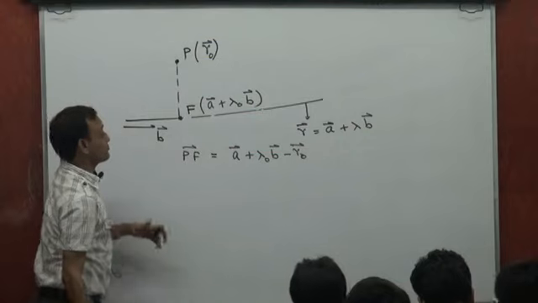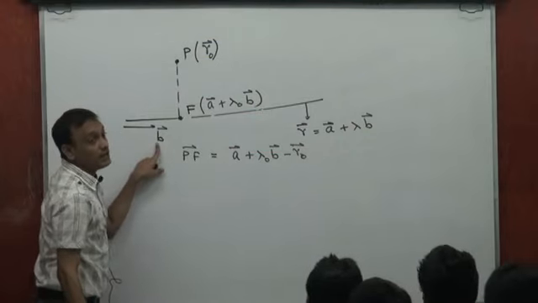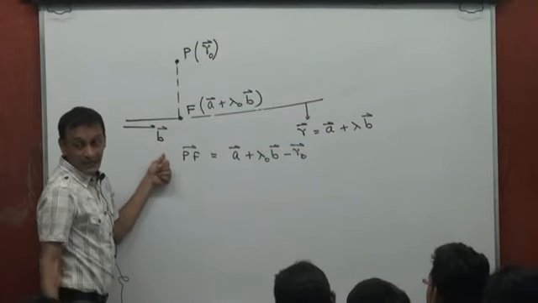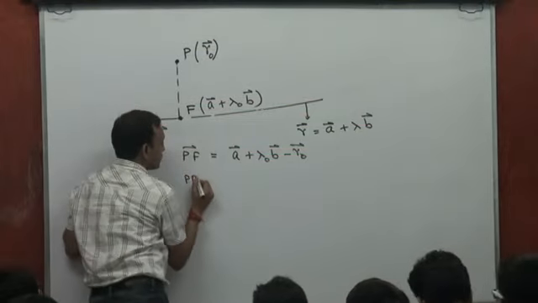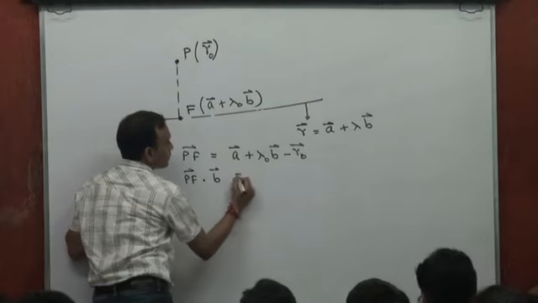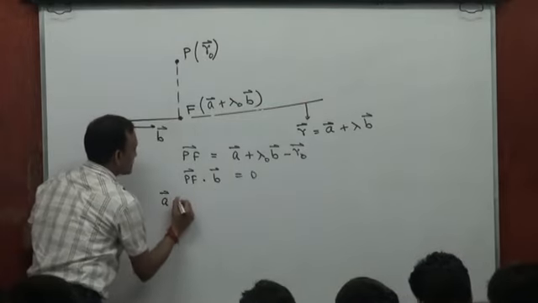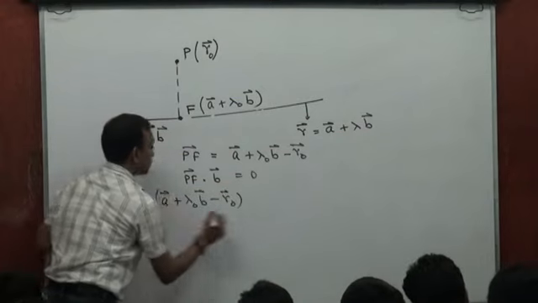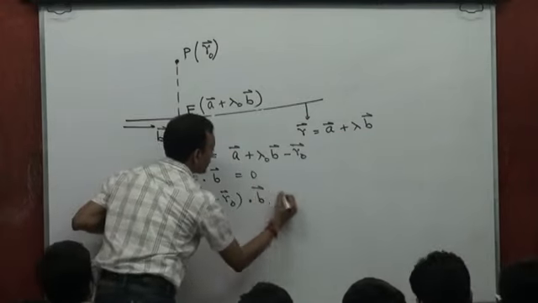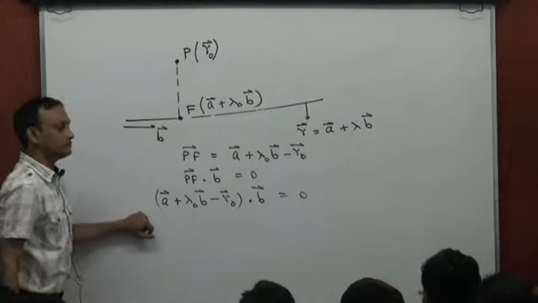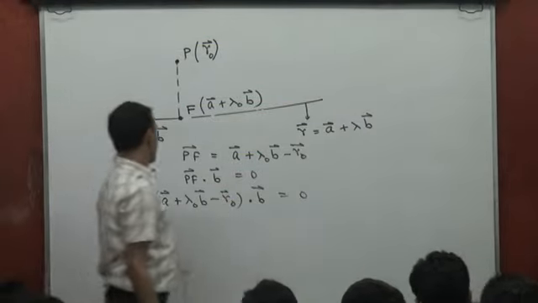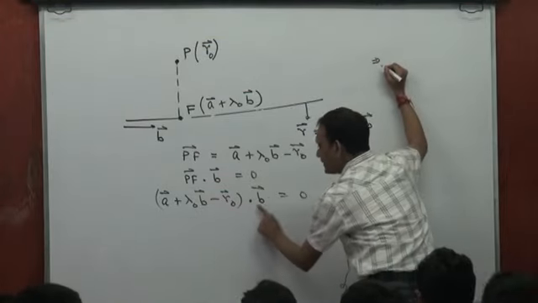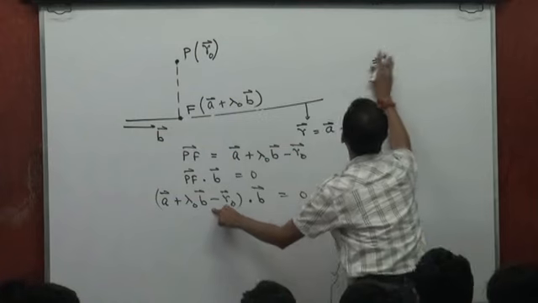How do you find lambda naught? From the fact that PF is perpendicular to B. That means PF dot B must be 0. That means (A plus lambda naught B minus R naught) dot B must be 0, right? Which means lambda naught B dot B would be lambda naught mod B squared.